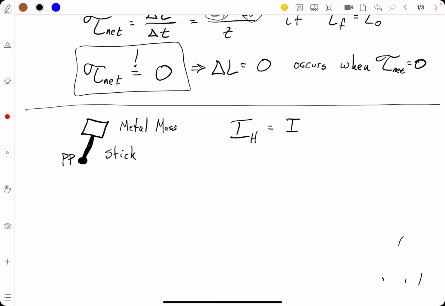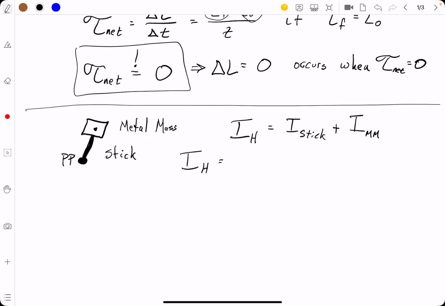All right, so it's going to be the moment of inertia for the stick plus the moment of inertia for the metal mass. Now this is where all the weight is, right? But we can consider the metal mass as a center of mass, all right? And we can end up adding these things together to get our total. So we can get the I of the hammer, the moment of inertia for the hammer.